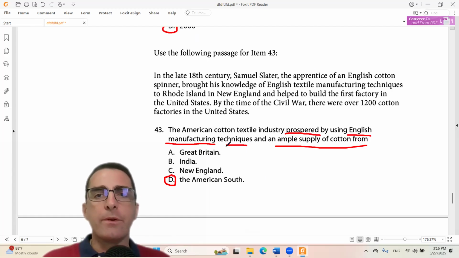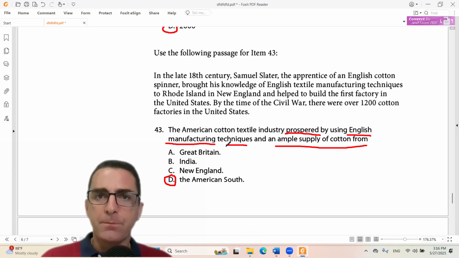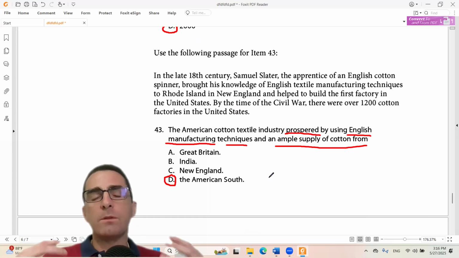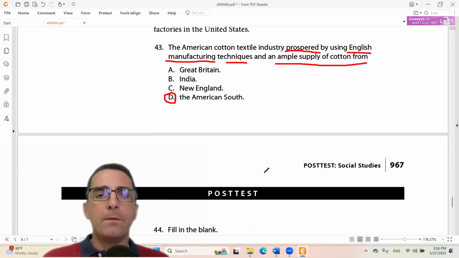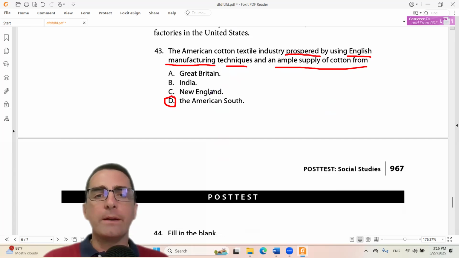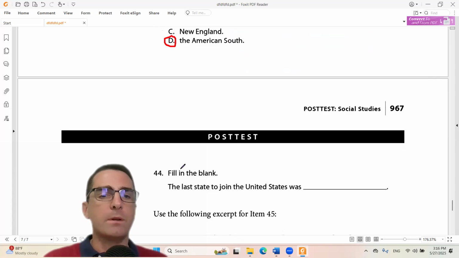This is slavery. These are cotton fields. We have all of that going on. So there was a huge domestic supply of cotton, which massively bolstered and boosted this industry at that time. Okay. Great Britain, no. India, no. New England, no. You just need to know that little bit of history and you get the answer.